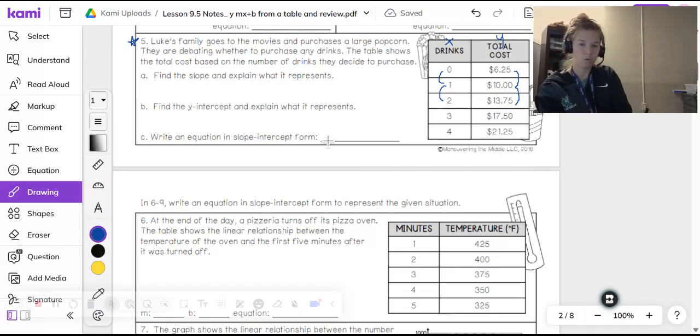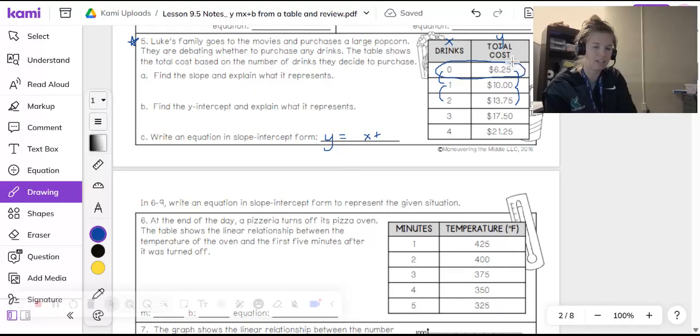So we're looking at slope-intercept form, y equals mx plus b. My y-intercept, you can see immediately from the table when x is 0, is my y value. $6.25 is my y-intercept.